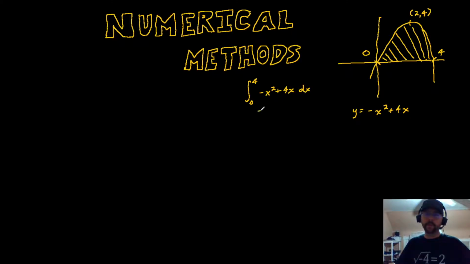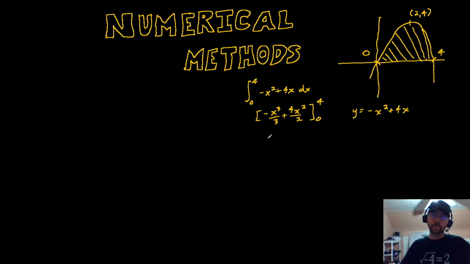This is going to be negative x cubed over 3 plus, we'll just write it out, 4x squared over 2, evaluated from 0 to 4. We plug in 4, then we subtract plugging in 0, but plugging in 0 is not going to matter because it'll all become 0. So we can just plug in 4 and call it a day.